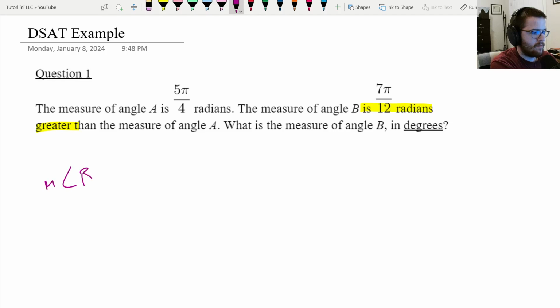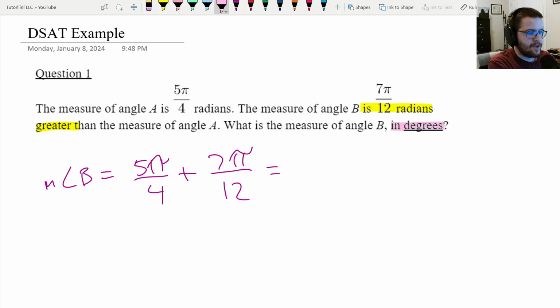So we're going to do 5 pi over 4, and it's larger, so we're going to do plus 7 pi over 12. And then whatever that gives me, I need to change it to degrees. Remember we talked about before, to go from radians to degrees, we multiply by 180 over pi.